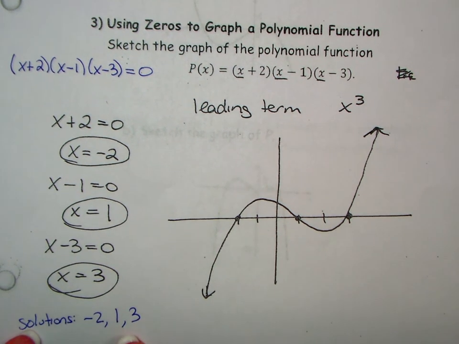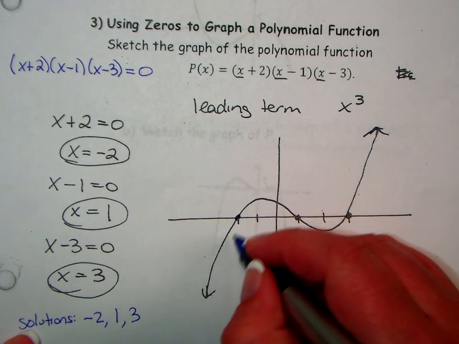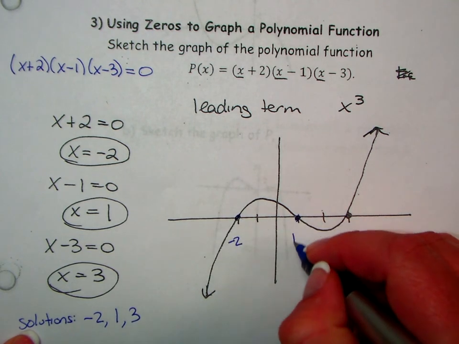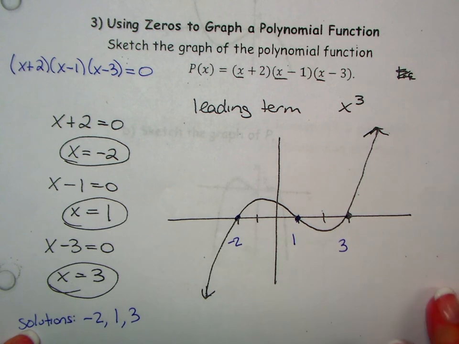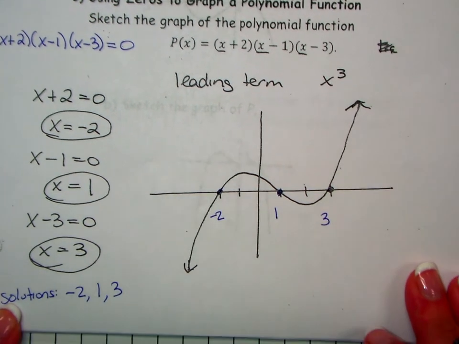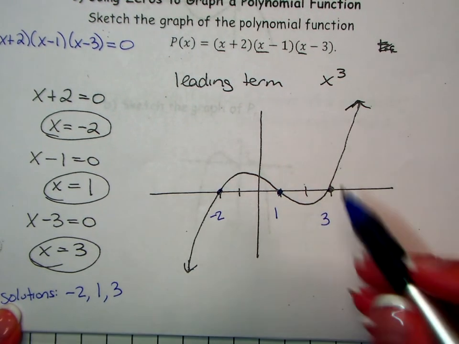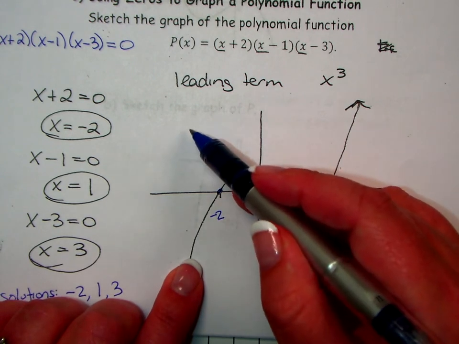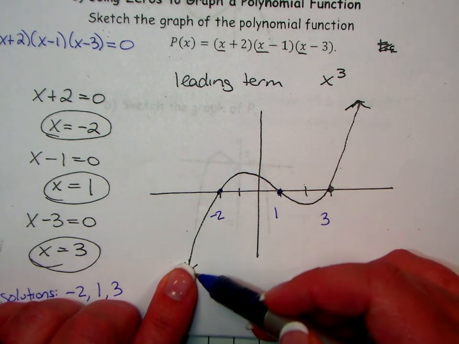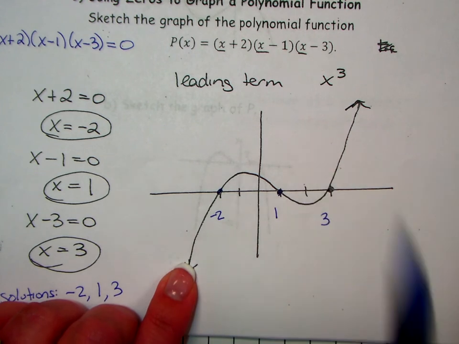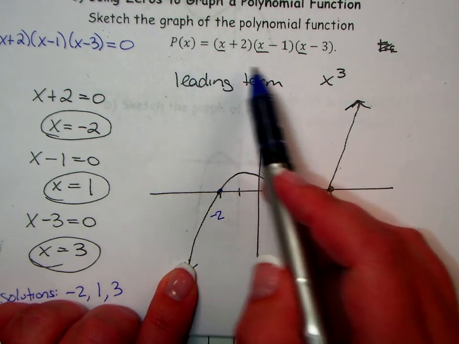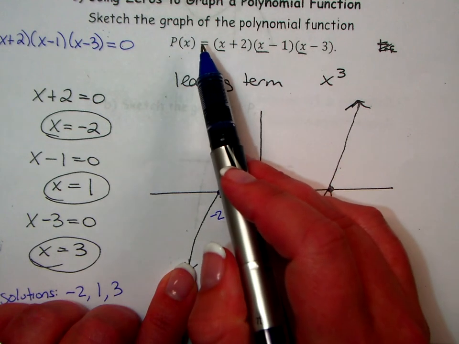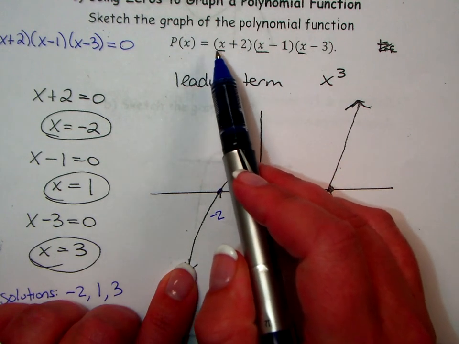Well, those solutions are the same things as the x-intercepts. We have x-intercepts at negative 2, at 1, and at 3. Okay. Now, if this graph wasn't already there, you would ask, well, how do you know whether it starts at the top and goes down or starts at the bottom and goes up? That's where the leading coefficient comes into play. Okay. If we were to multiply all this out, and I'm not going to do that, I'm just going to focus on the first term here.